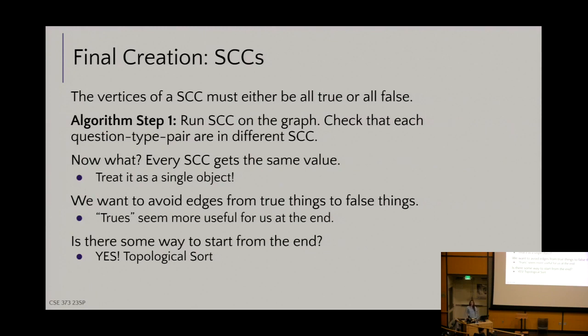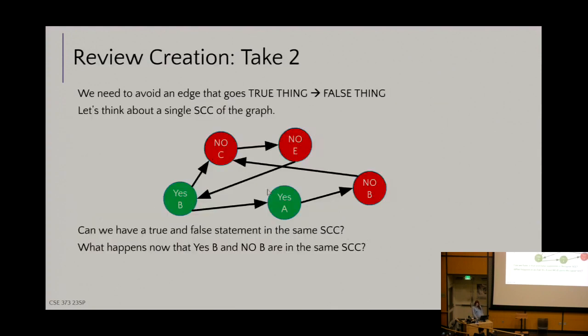But here's the thing we can do right away: if I have a question pair and they are in the same strongly connected component, for example, yes to question type B and no to question type B, and I can get back and forth between the two of them, then there is no way to create a final exam that will satisfy everybody, because those two things are mutually exclusive in the context of satisfaction.